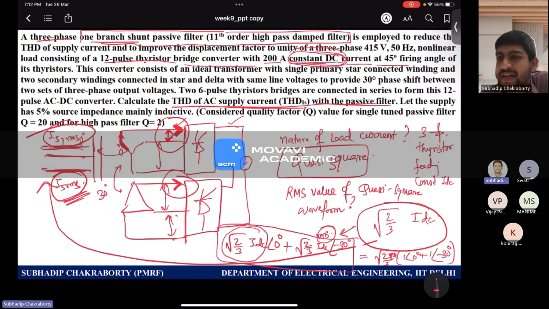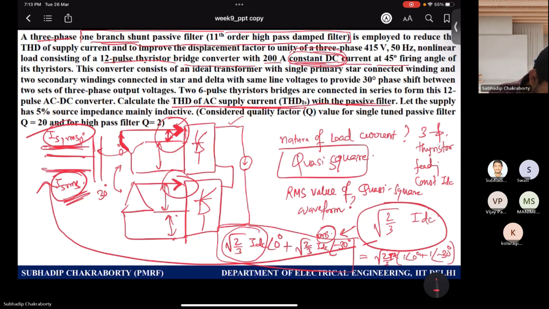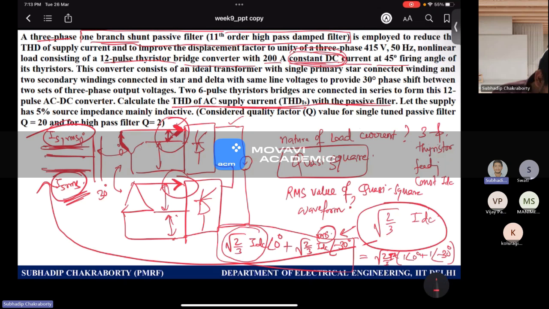None of you have a scientific calculator with you? Because in the exam also you need to do this.